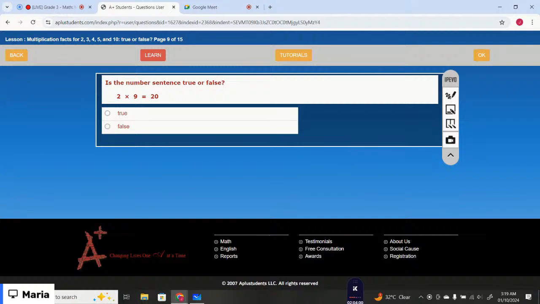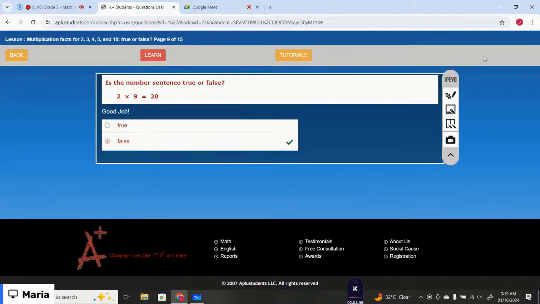False it is, right? Because 2 times 9 is 18. So they are not equal. False it is. Option number 2 is the correct option.